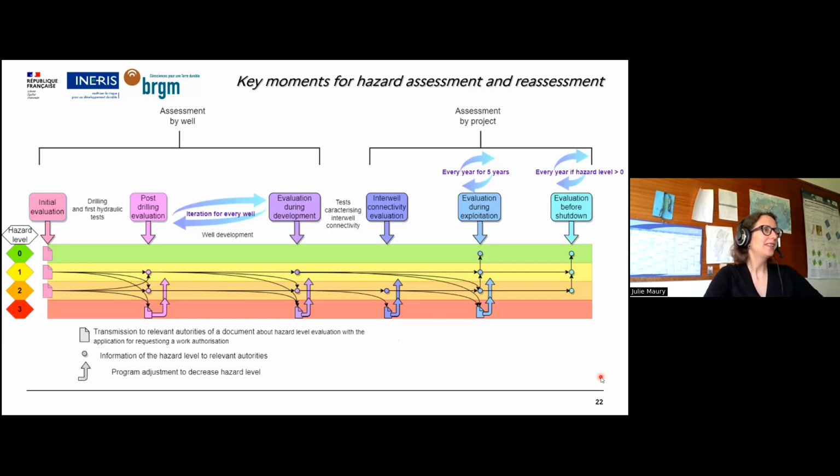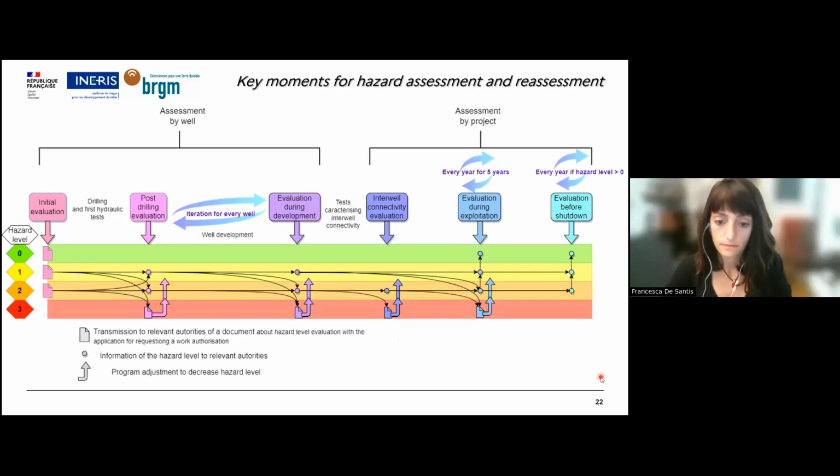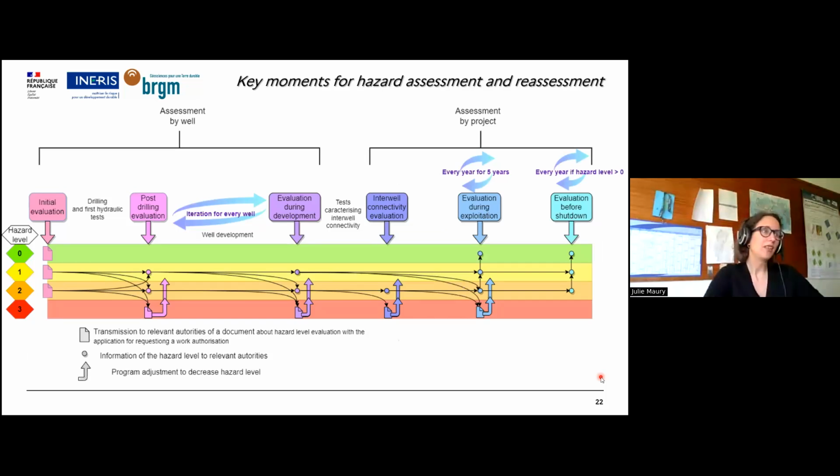Okay, next, please. And so this is the calendar, in fact, of the project and the different evaluations we propose. So in the squares, you can see the different steps at which we propose an evaluation. First, we begin by an assessment by well, because you drill first one well and the second if needed and so on.